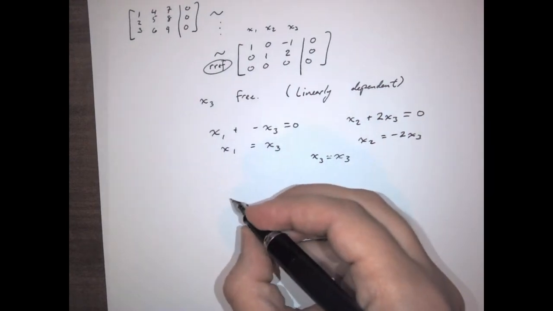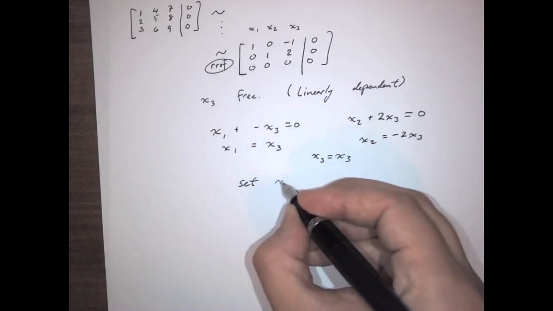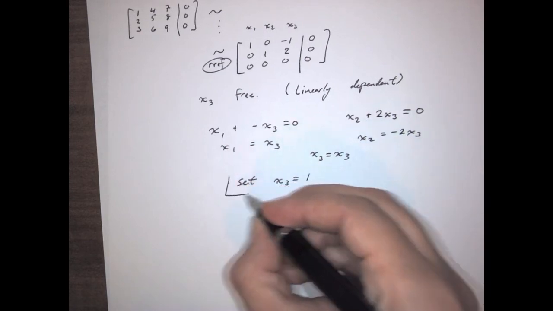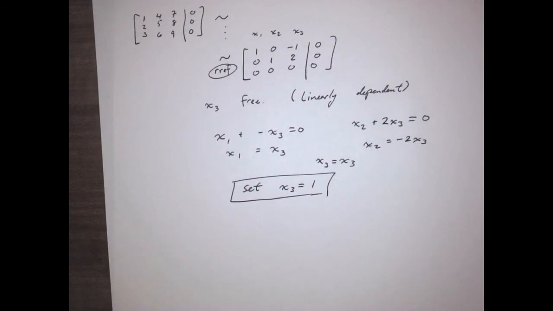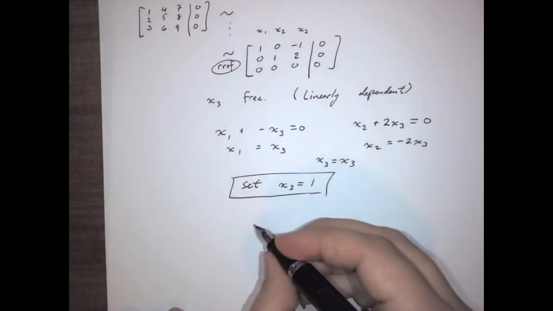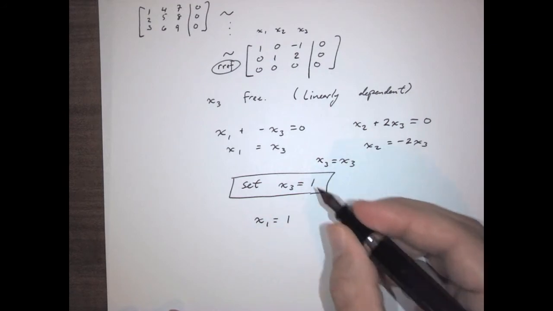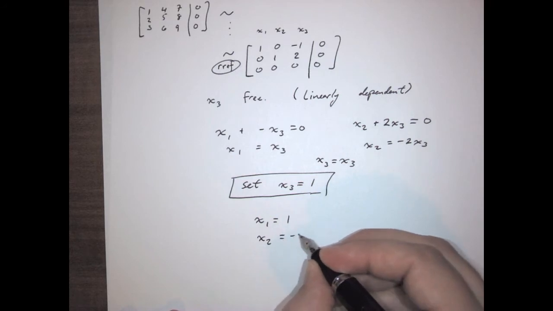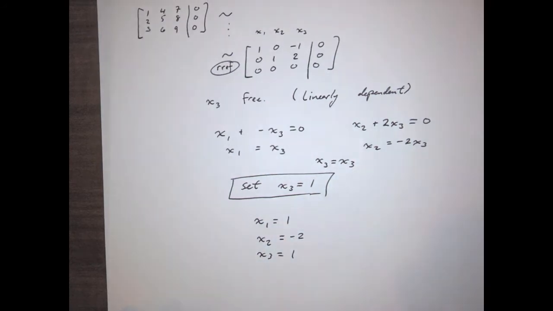So if I set x3 equal to anything, it can be 1 or 2 or anything, just don't use 0. If I set x3 equals 1, then x1 will equal 1, x2 will equal negative 2, and x3 will equal 1.